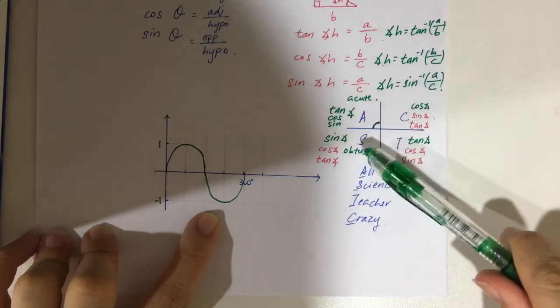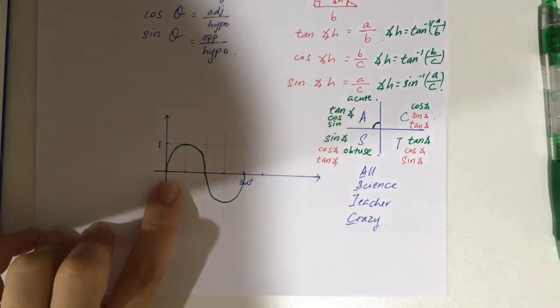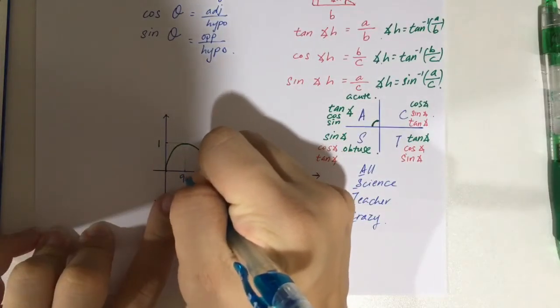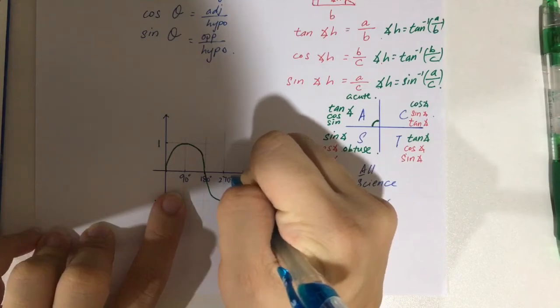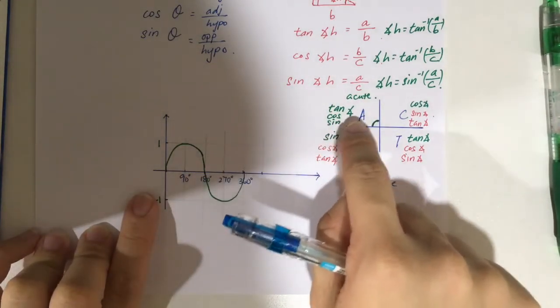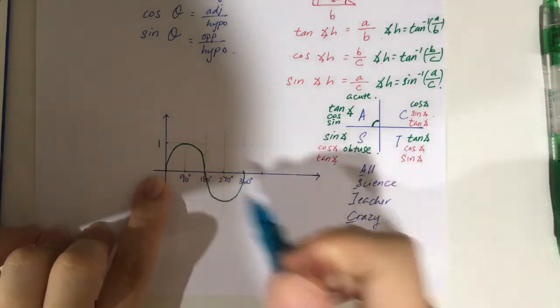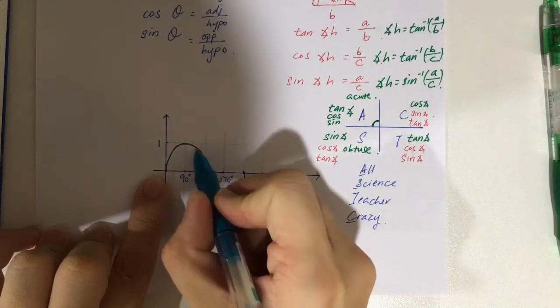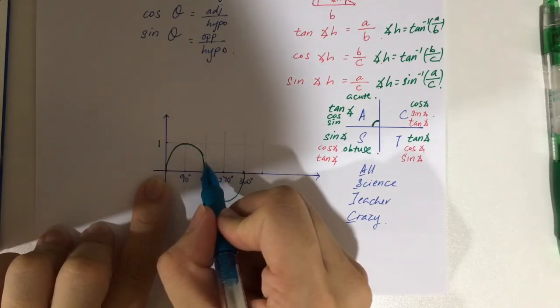This is 90 degrees, 180 degrees, 270 degrees. Meaning to say, the angle between 0 to 180 will always give you a positive number.